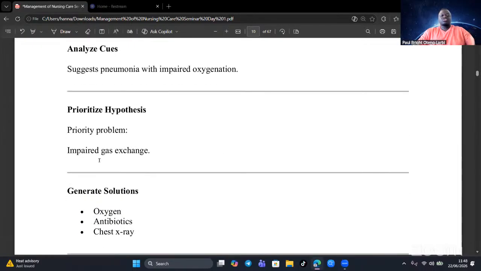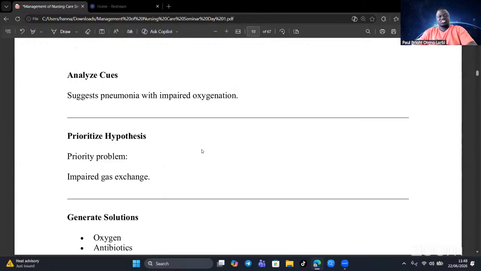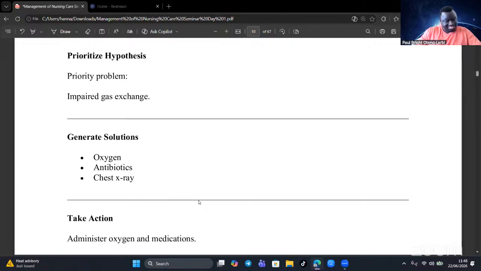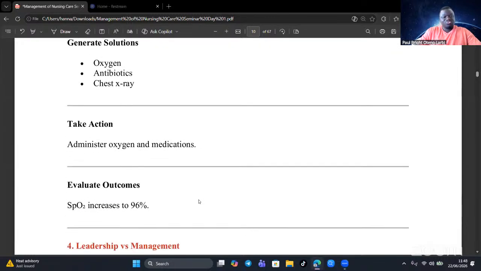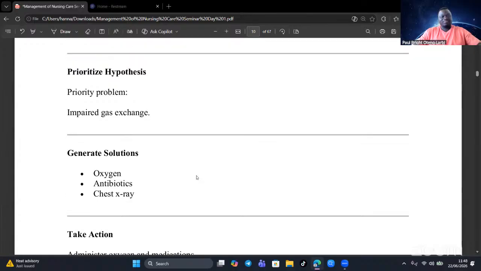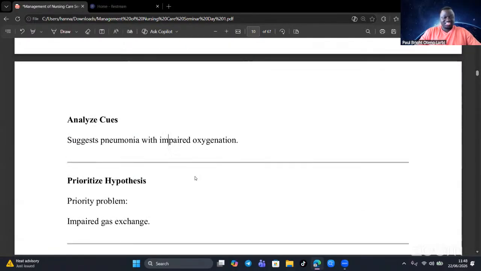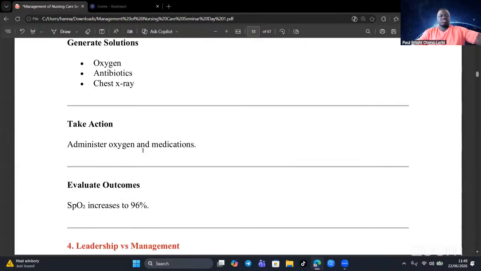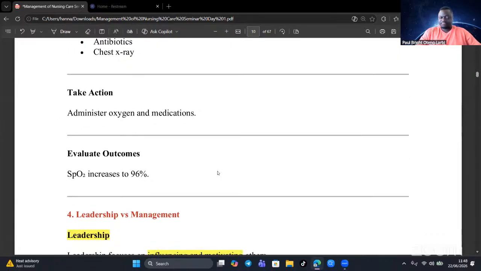Impaired gaseous exchange. So saturation is dropping. If you don't do anything about it, the patient will crash, he will die. So what can I do? Oxygen, antibiotics, chest X-ray, and all those things. Then you do your evaluation, and that's it.